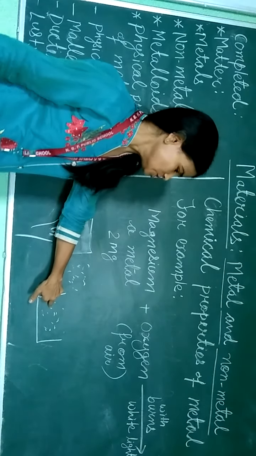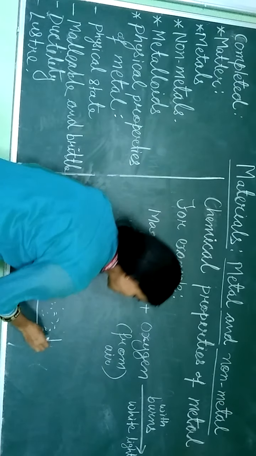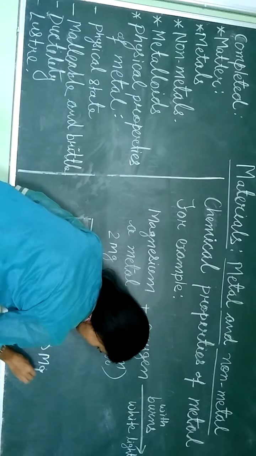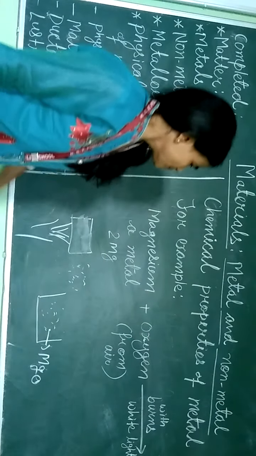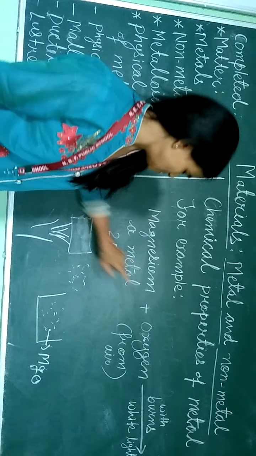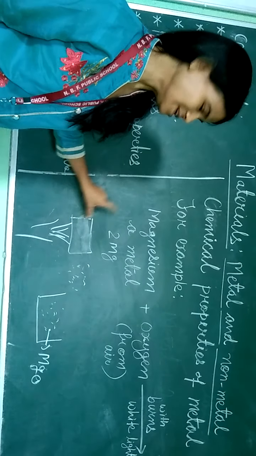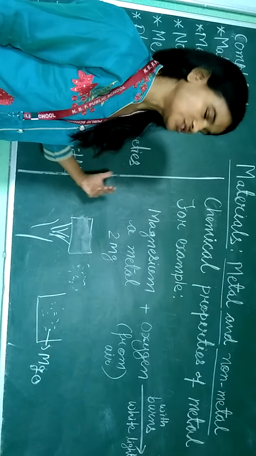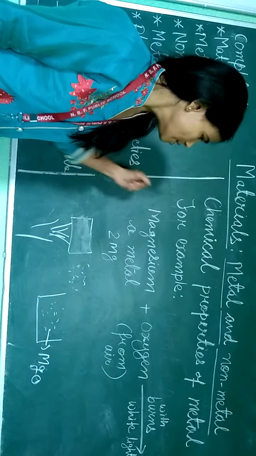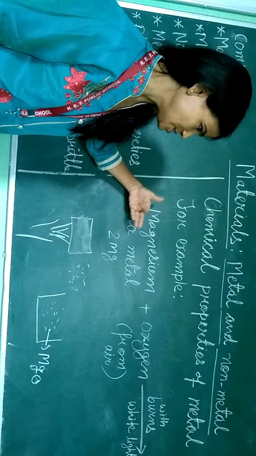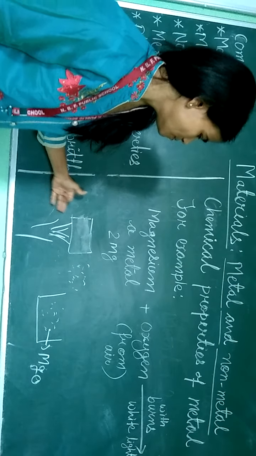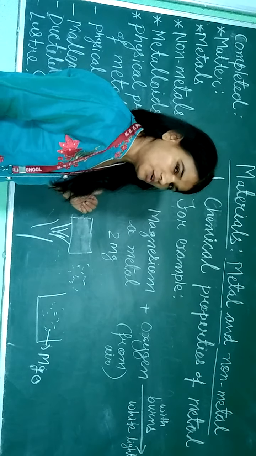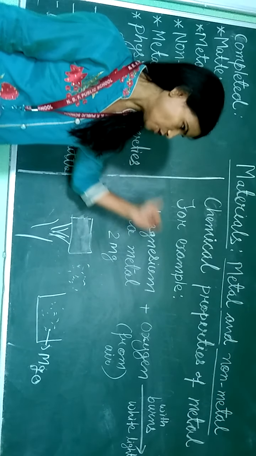This ash is known as magnesium oxide, because magnesium and oxygen are available in nature. Magnesium does not easily get oxygen from nature; it requires a high amount of heat. At room temperature, it does not react with oxygen.